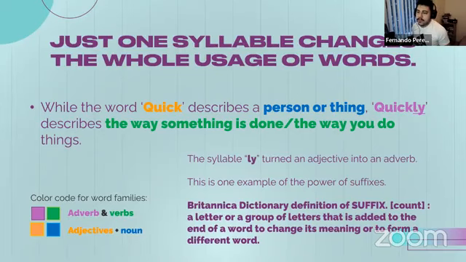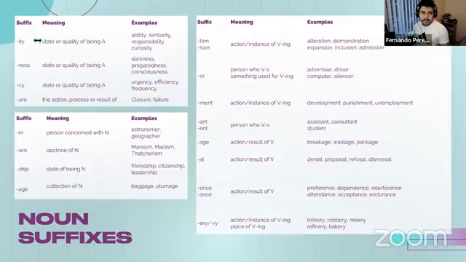I'm going to show you a list of all the suffixes or the majority of suffixes that exist in the language. Okay, this is how we transform some words from one family to another. It can be either a verb, an adjective, or other words.